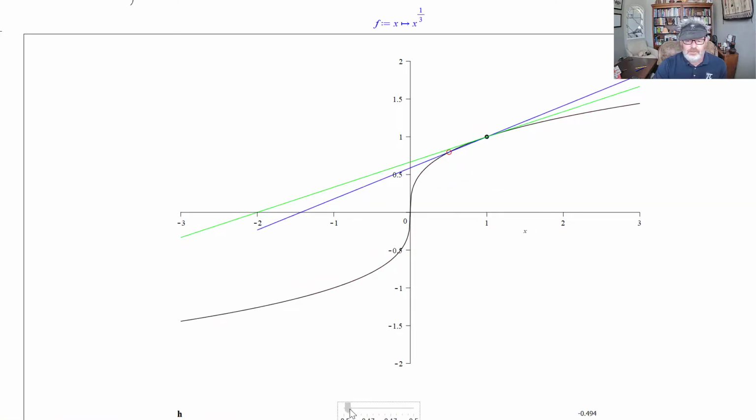So it's the same process, but now h is how far away we are from the given point p. If h is 0, then q and p are the same point.